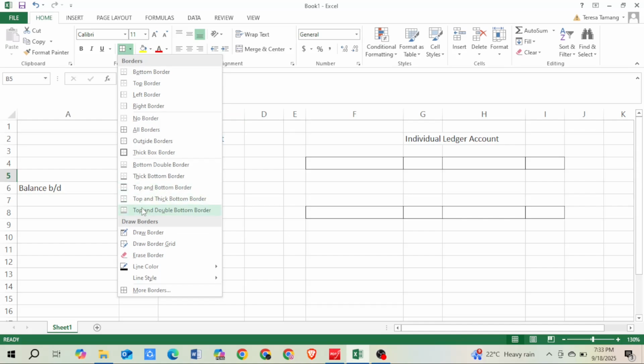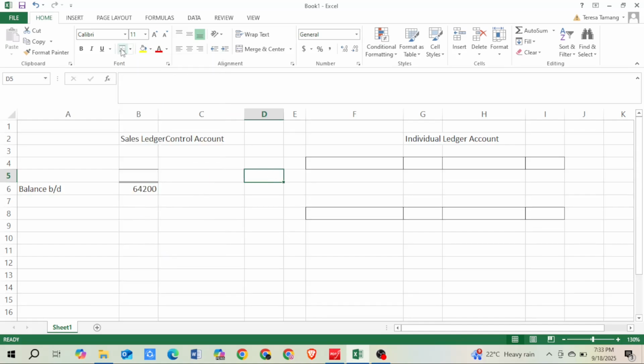I don't know how much the total was, but we already mentioned that amount there. But we did not write it in the individual account. If I write it in the individual account, then it can be corrected in the individual total. But as you see, we don't have the individual total, and this amount is already written in the sales ledger control account, so I don't have to rectify this one here.